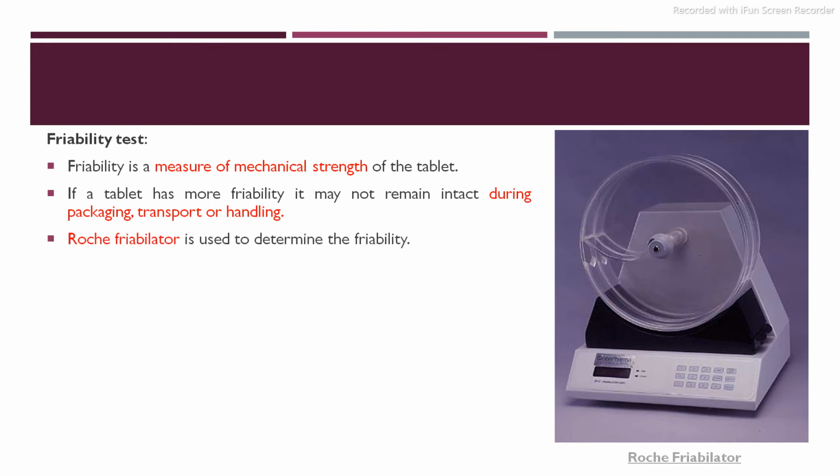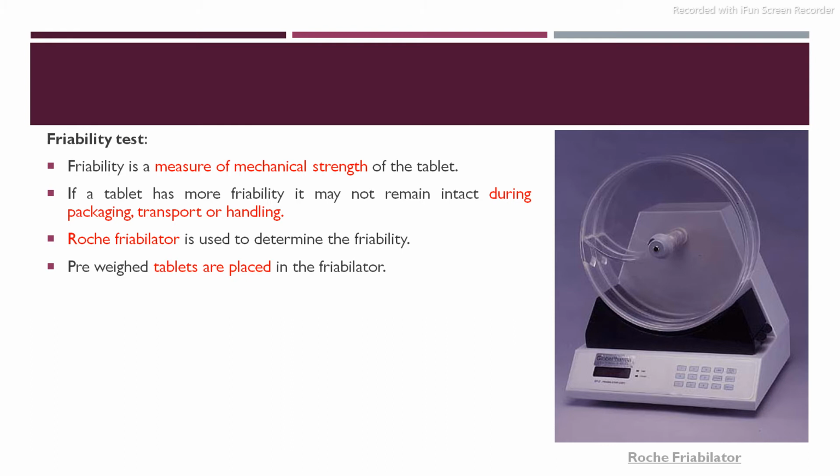In order to measure how much particle formation there is, a Roche friabilator is used to determine the friability. Pre-weighed tablets are placed in a friabilator. Here in this image you can see the diagram of the Roche friabilator. Pre-weighed tablets means, suppose we take 10 tablets and take the weight of all these 10 tablets.